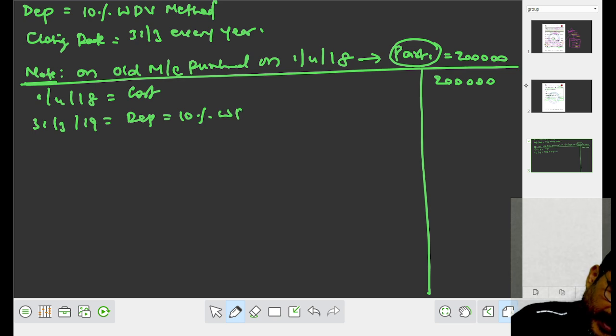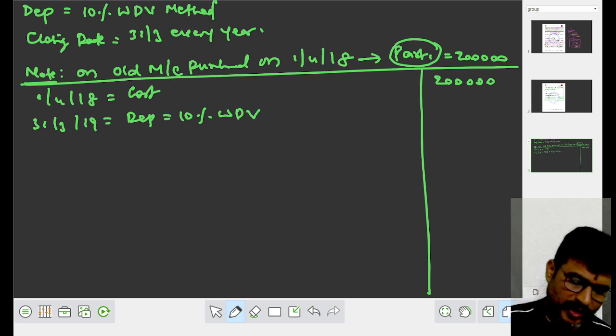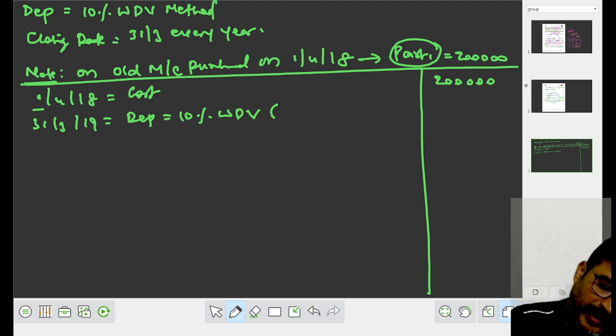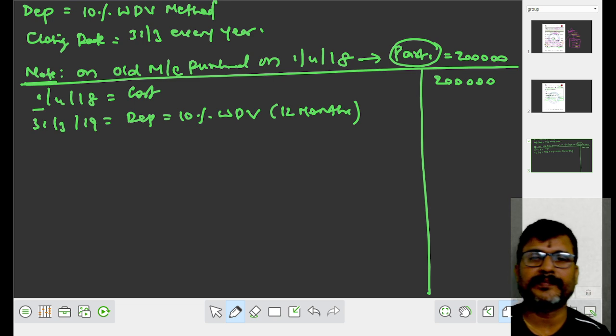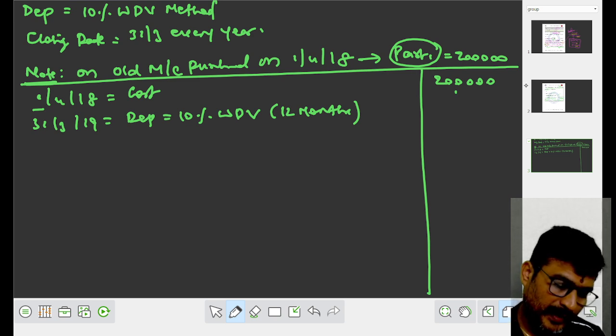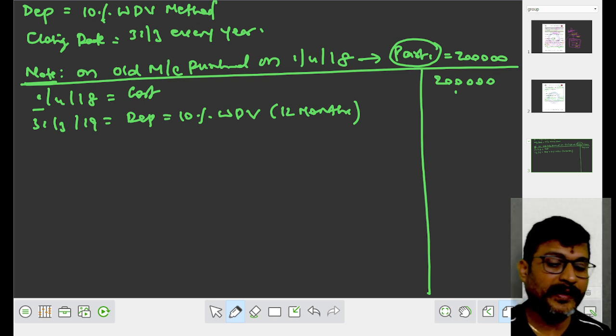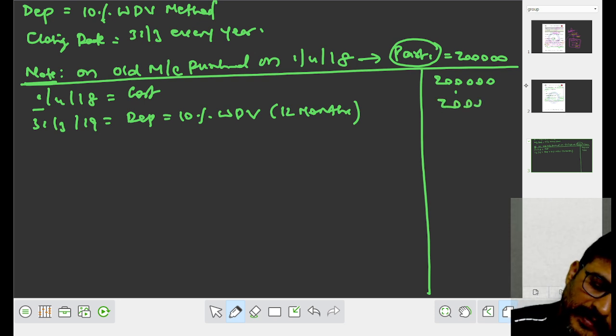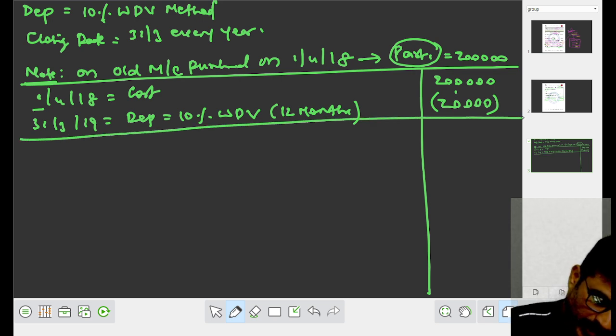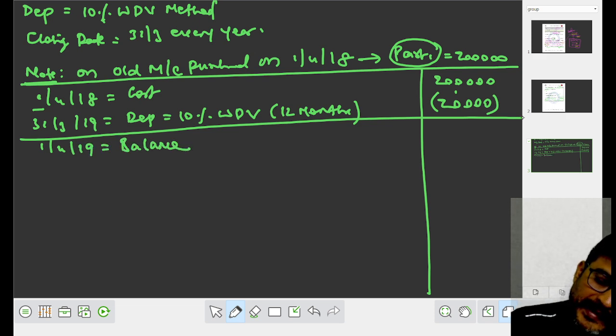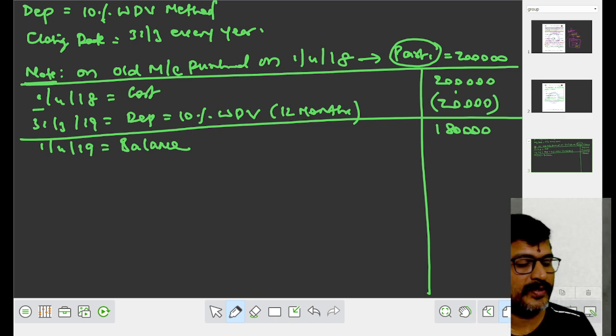Depreciation 10% WDV. Since purchased on April, closing on March, it is for how many months? 12 months. 2 lakhs into 10% into 12 by 12, it comes to rupees 20,000. Now let us write 1st April 19 as a balance 1,80,000.